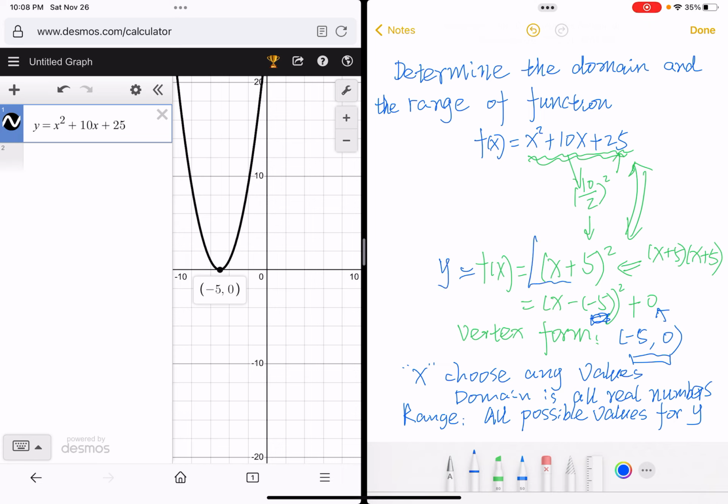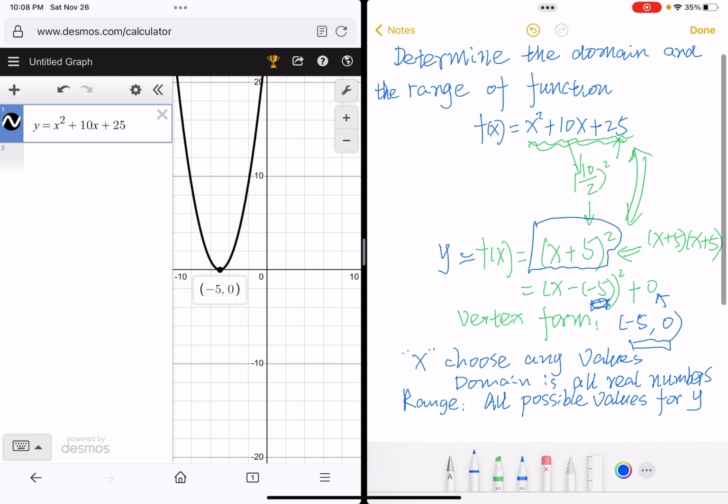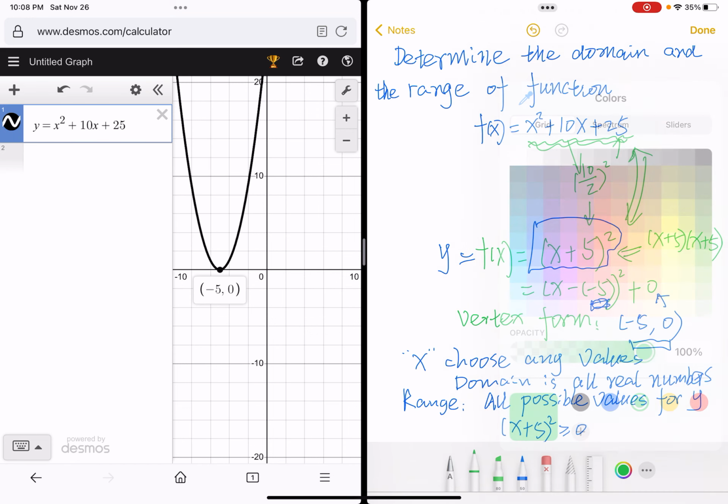y equals (x plus 5) squared. Anything squared is greater than or equal to 0. At the point x equals -5, -5 plus 5, you got 0.